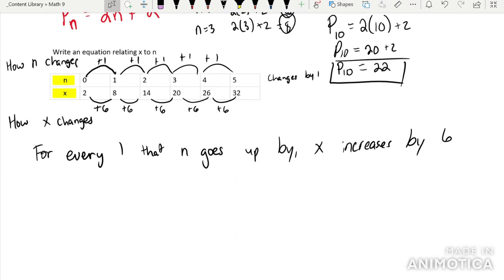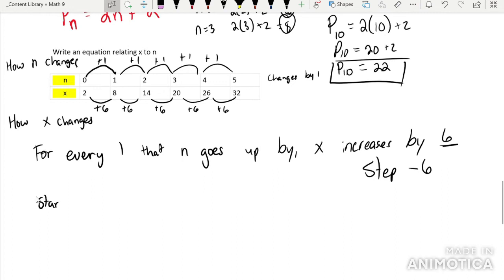So for every time that n gets bigger by a value of 1, I'm going to increase my value of x by 6. So my step, in this case, is going to be 6.